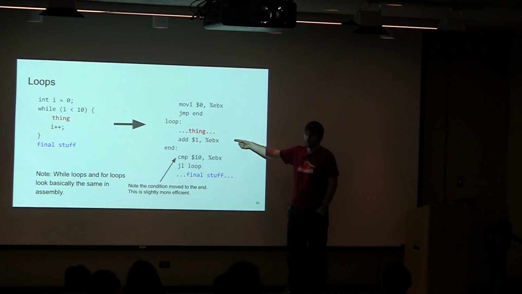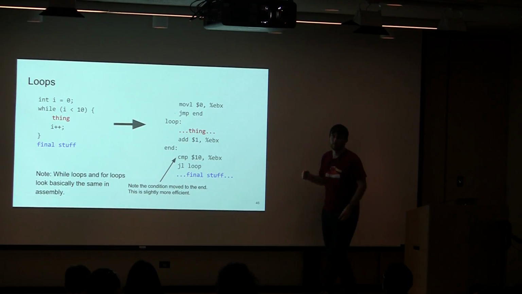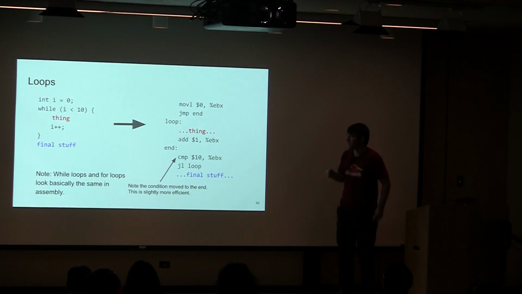And then once the body of the loop executes, it runs directly into the comparison again. It jumps back. So it flips the order because it's slightly more efficient. It means you only need one jump each time you iterate through the loop instead of two. You can think about that more on your own if you're curious.